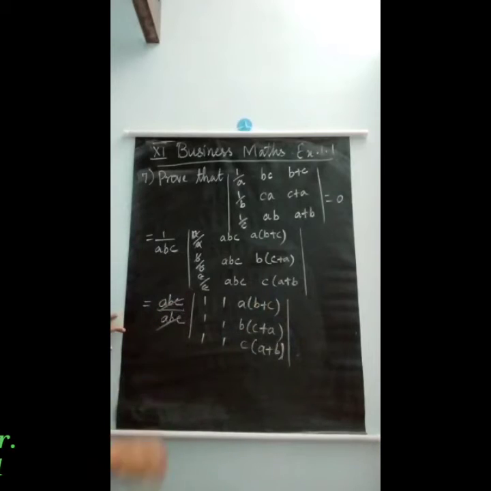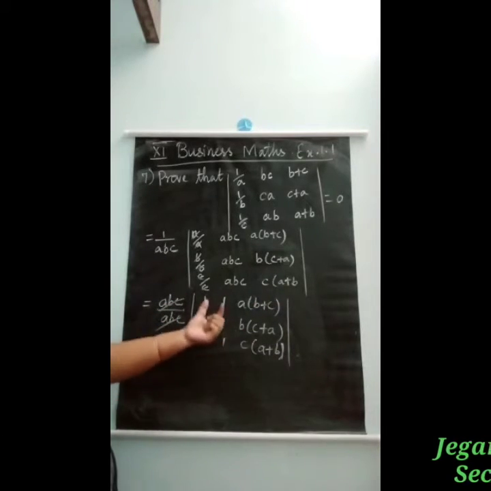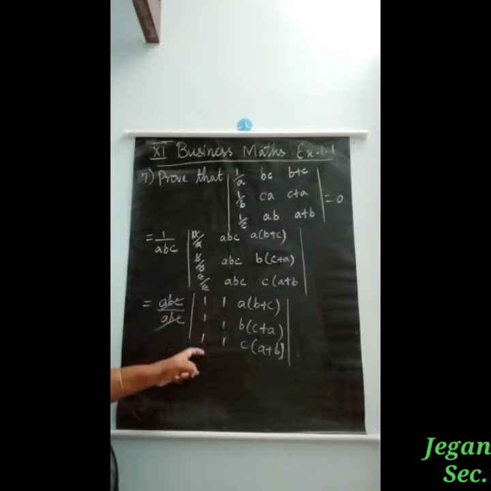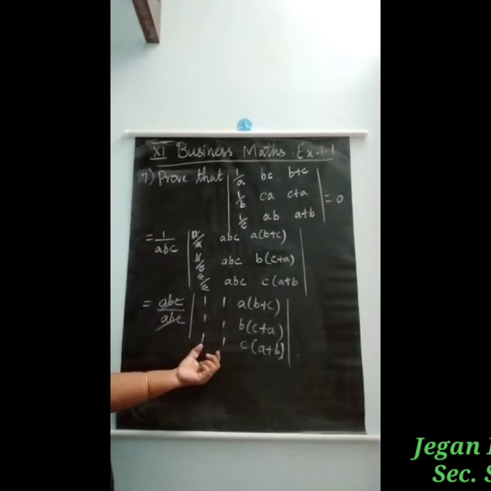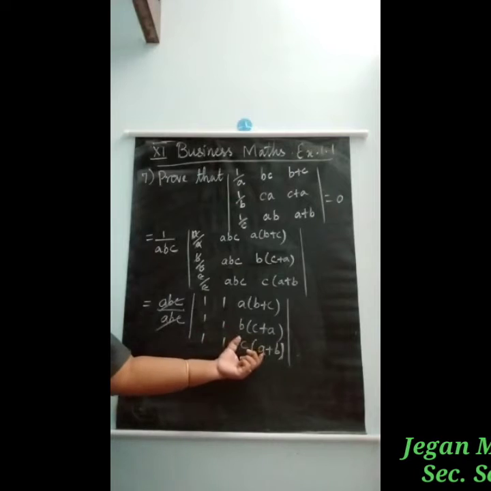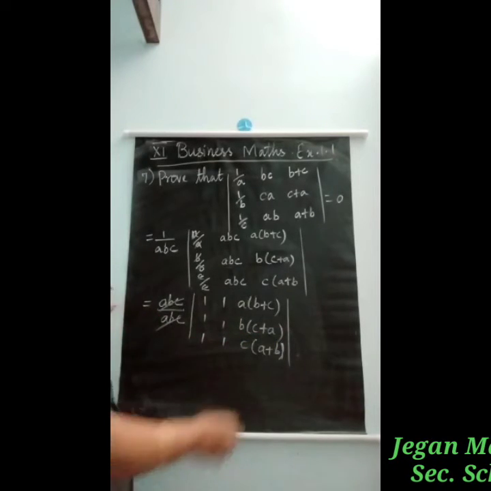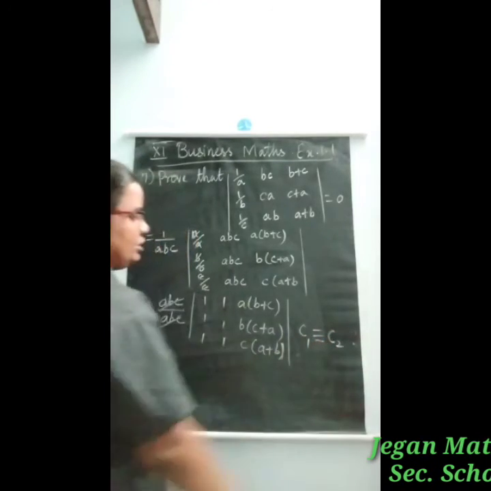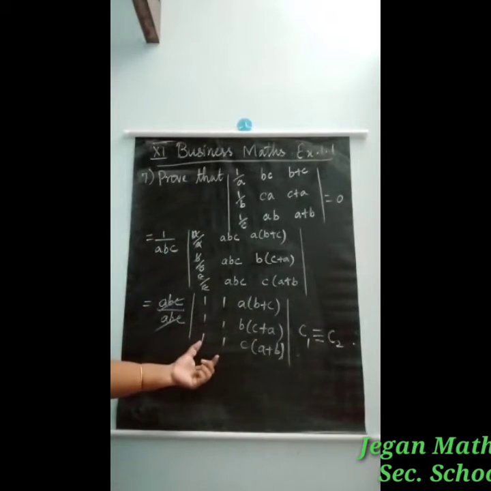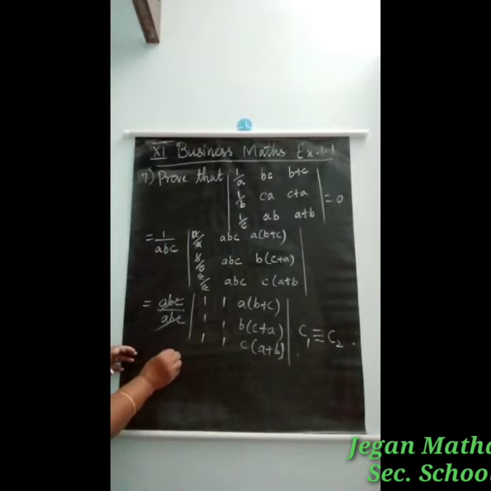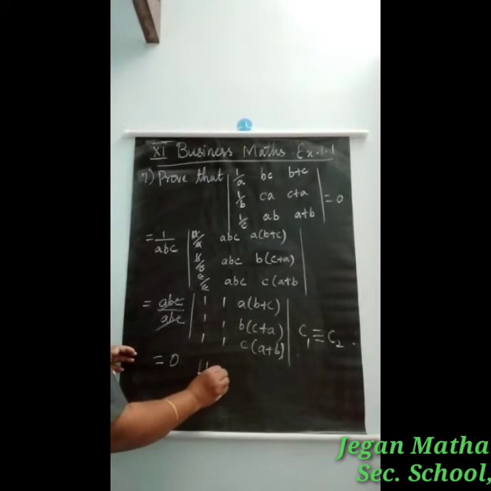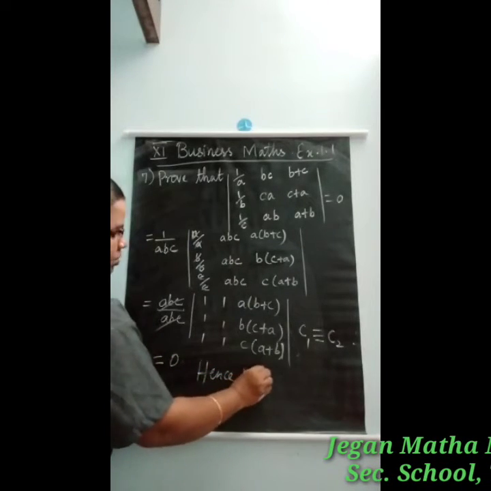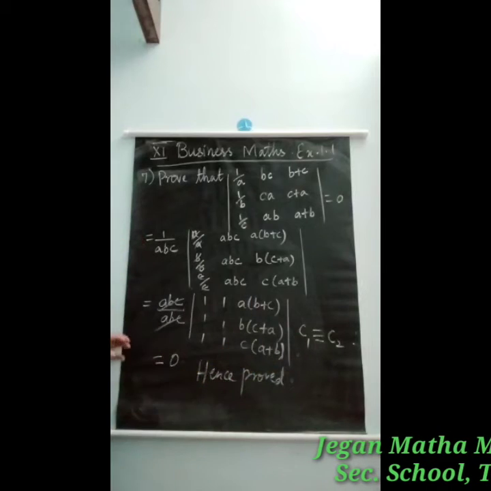So abc cancel. When two columns are equal, that is first column and second column are equal, the determinant value is equal to 0. Thus C1 is equal to C2 means we will get 0. So the term will be 0. Hence proved.